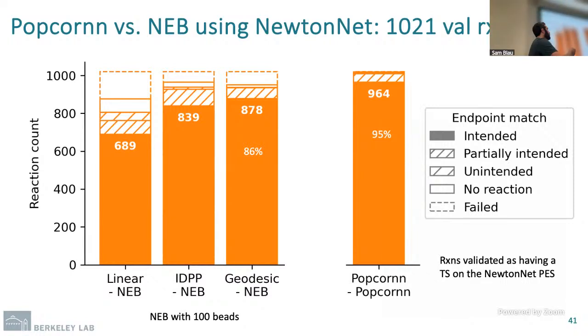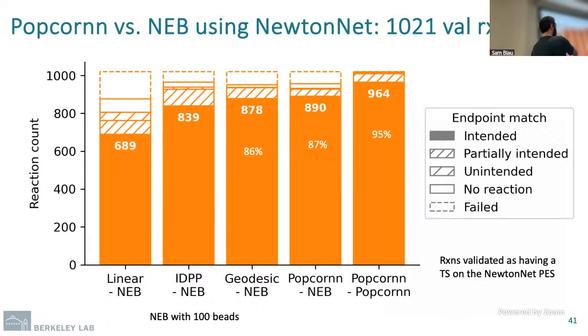The other thing though is that you can use our method, there's a reason I have this labeled popcorn, right? I'm not just trying to be confusing. We're using our continuous machinery to initialize the path with the geodesic loss function and model potential. And then we take that initialized path and we put it on the MLIP and do the path optimization. So we're using popcorn for the path initialization and popcorn for the full path optimization.